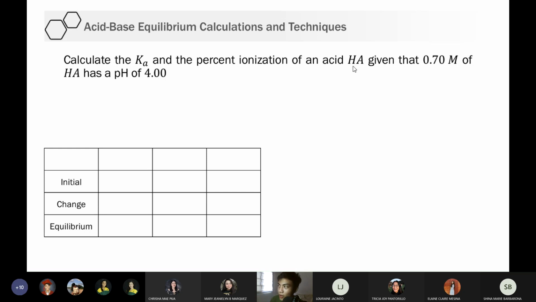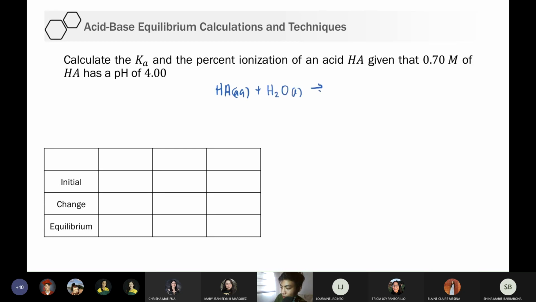So, in our problem, we have an arbitrary acid, HA. So, ipakita natin kung paano mag-ionize yung HA. Given na yan sa previous slides. So, we show the ionization of our arbitrary acid, HA, as ganito.